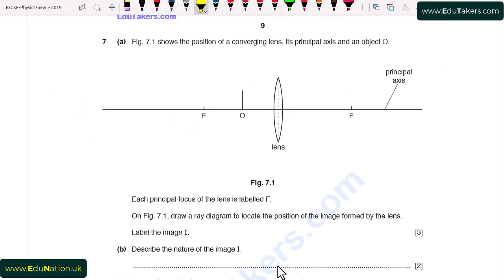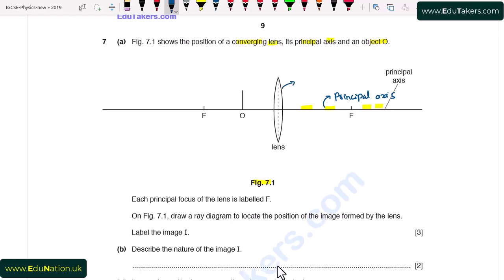Question number 7, part A. Figure 7.1 shows the position of a converging lens, its principal axis, and an object O. In figure 7.1, this straight line is the principal axis, and it's a converging lens.